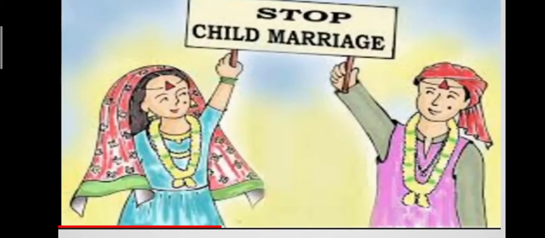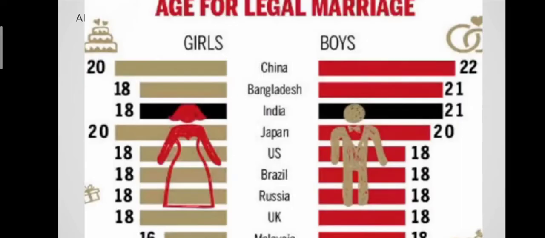The law everyone knows about is the law on child marriage. It is an Indian law where in India girls can marry only at 18 years or above, and boys at 21 years of age or above.